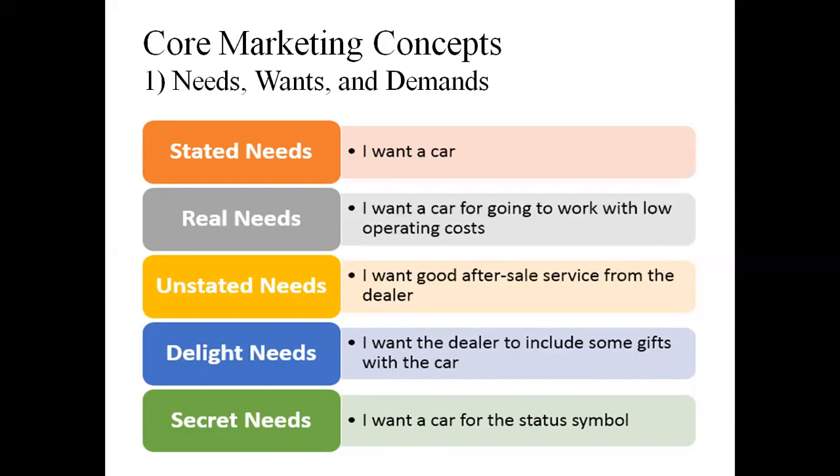So with this example, we have seen the different kinds of needs. Stated needs are direct, he wants a car. Real needs, the purpose behind that need. Unstated need, something extra which he is expecting. Delight need, which he is not expecting but getting, and it makes him very happy. And secret needs, which are hidden. So all these are the different types of needs.